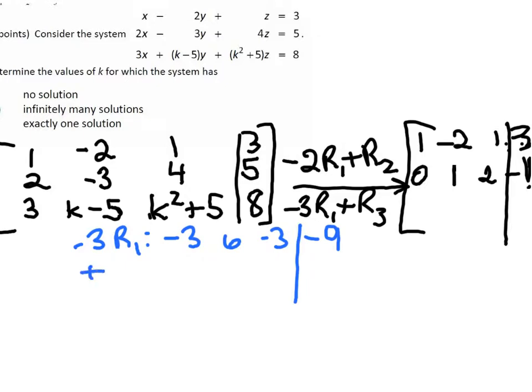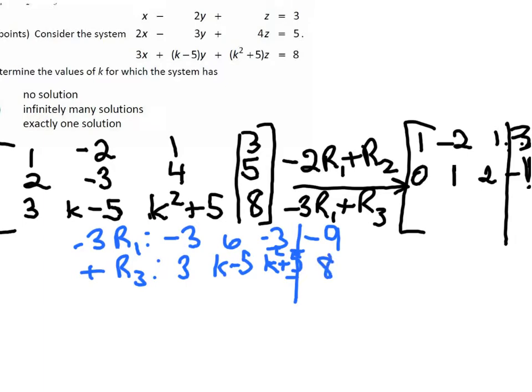And we're adding that to row 3, which is 3k minus 5, k squared plus 5, and 8. It's probably going to be illegible here, sorry. I'm still using that stylus that does really not work well.